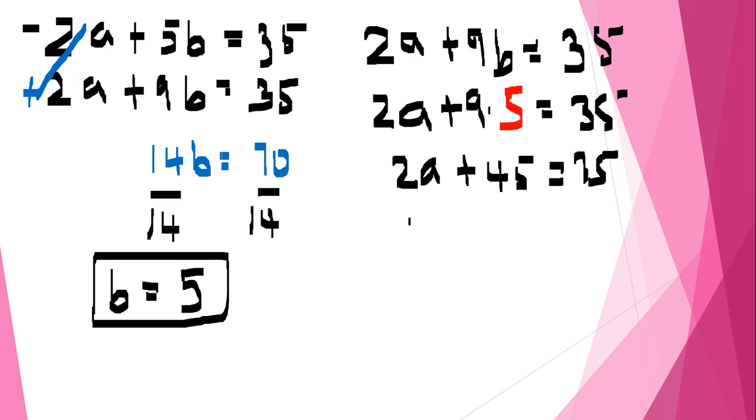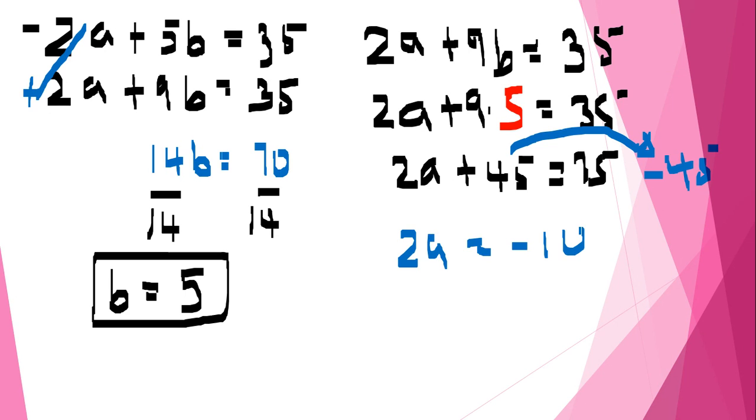Now, in order to solve for a, you can just do a two-step equation this time. What I'm going to do is move that 45 to the other side. It will turn negative 45, and therefore I'm left with 2a. 35 minus 45 will give you minus 10.